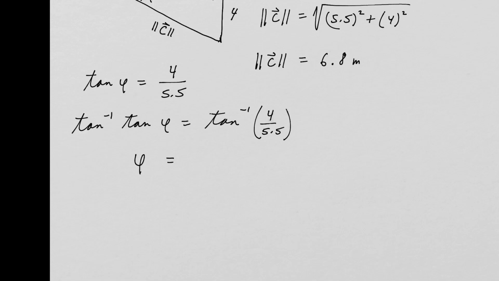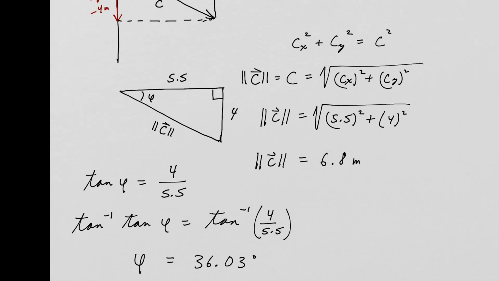That was the whole point: the inverse function undoes the function, gives you back the argument. And then the right-hand side you have to do in your calculator. Make sure that your calculator is in degrees. And you're going to get 36.03 degrees.